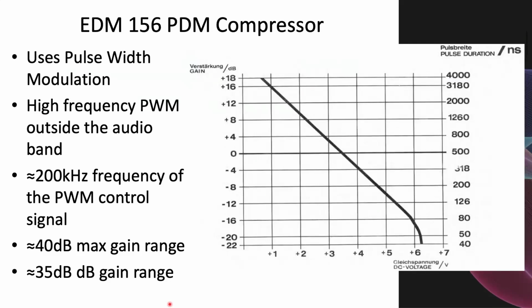They advertise it as having a 40 dB dynamic range, but really in terms of linear control, if you wanted to use it in feedback mode, it's closer to about 35 dB, which is still quite a good control gain range, although not as good as the DBX type systems.